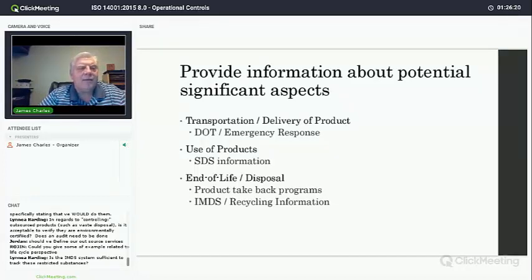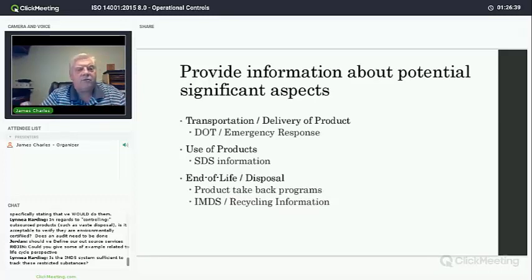So again, if you were BASF and you were manufacturing a trimethyl DEF, you'd at least give them the SDS sheet for that. Most of you will probably just comply with your IMDS requirements.